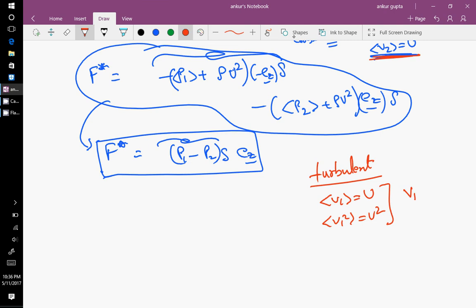Recall that the average of V1 square is not necessarily equal to V1 average whole square for laminar flow. I have assumed in this problem while solving that the flow is turbulent. It will not change anything in the final answer, it will still get cancelled everywhere, but just so that you understand that I've assumed implicitly that the flow is turbulent at both inlet and outlet. That is just an assumption.